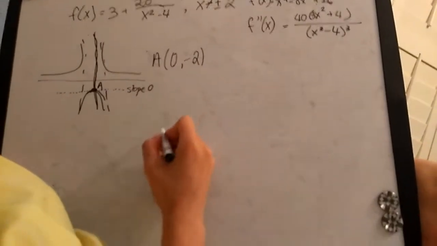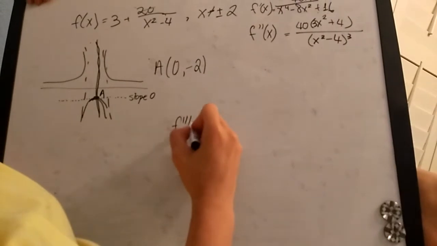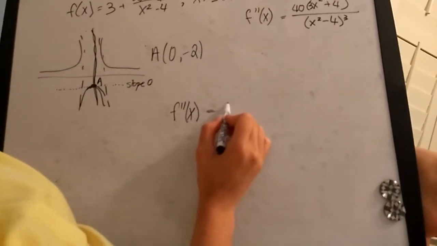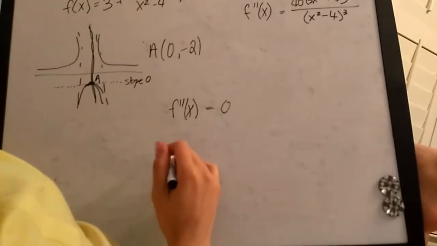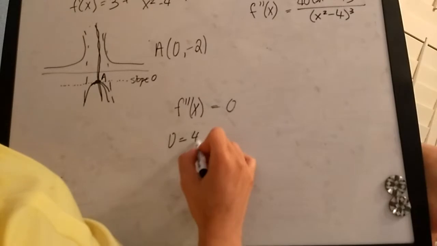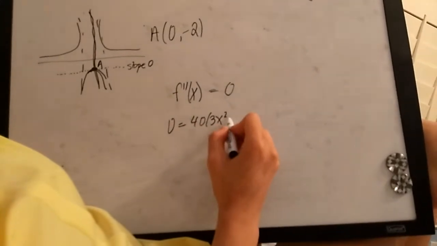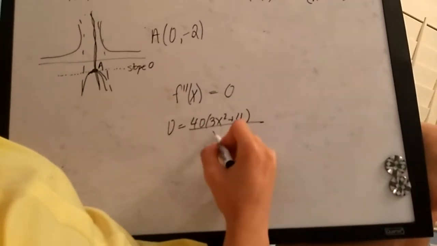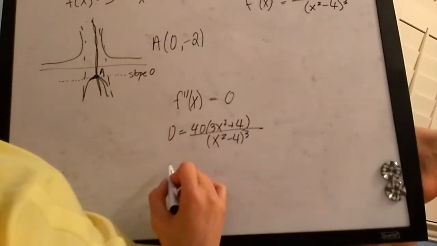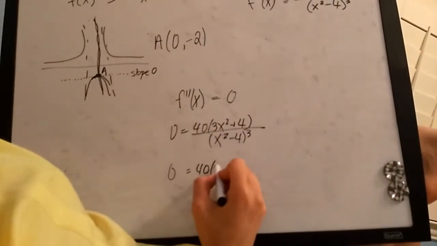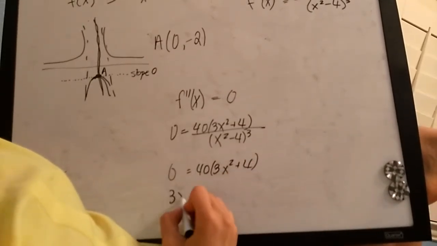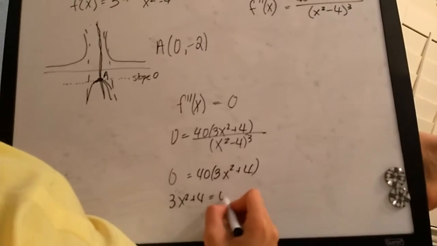So at a point of inflection, f double prime of x equals 0. And that means 0 equals our equation 40 times 3x squared plus 4 over x squared minus 4 cubed. So that means 0 equals 40 times 3x squared plus 4, which means 3x squared plus 4 equals 0.